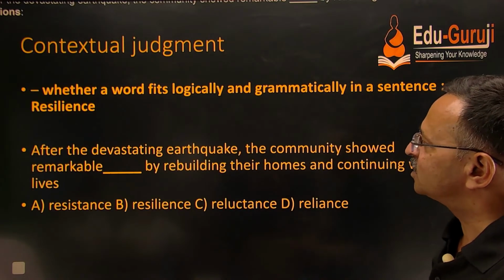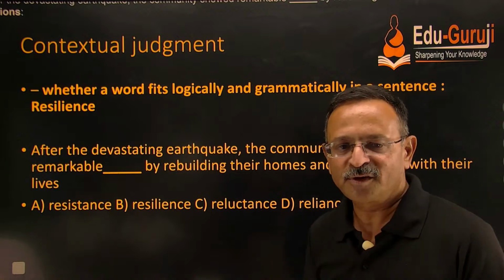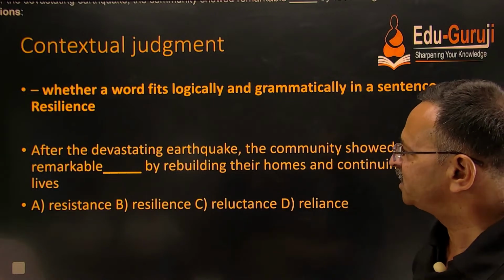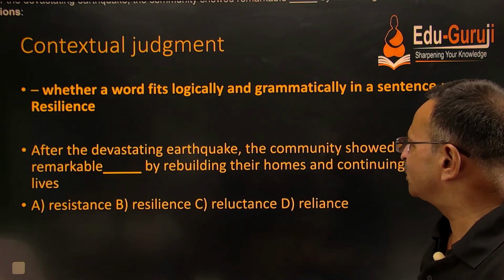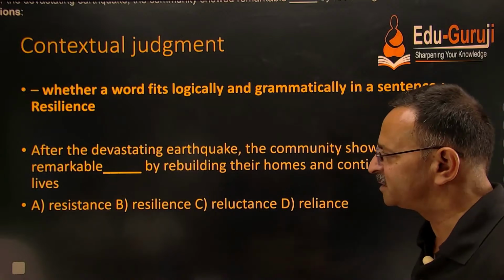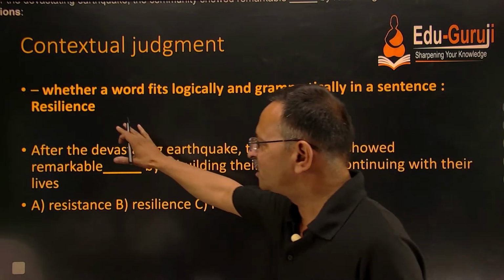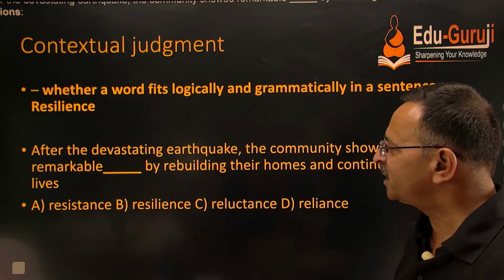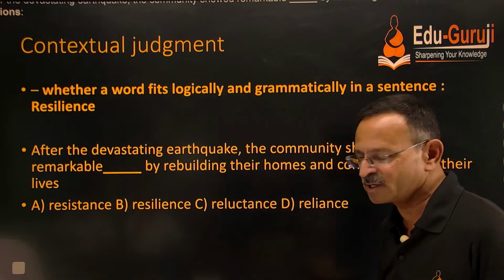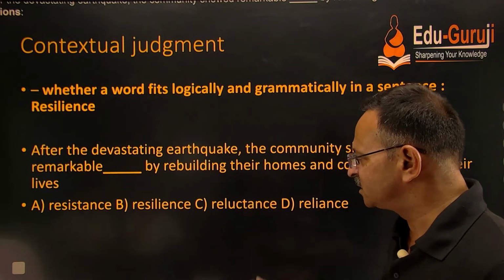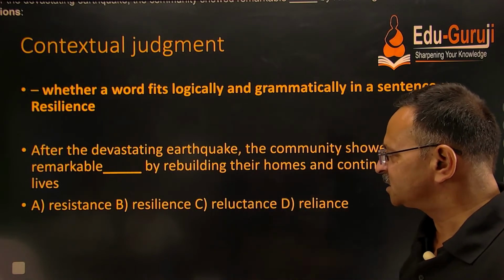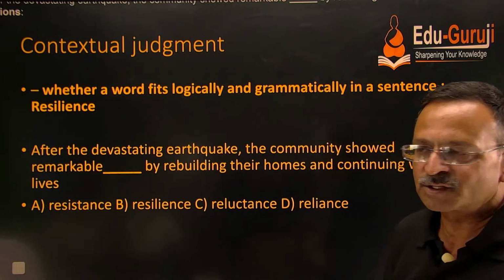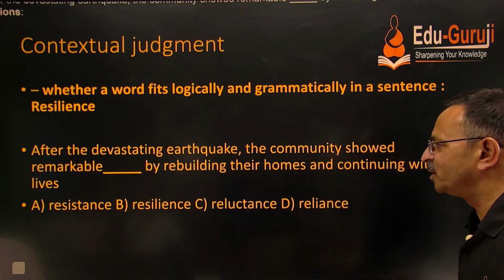Then second is contextual judgment. First, we were talking about contextual judgment, whether a word fits logically and grammatically in a sentence. So I have chosen the word resilience over here. Let's take an example. The sentence is: after the devastating earthquake, the community showed remarkable.